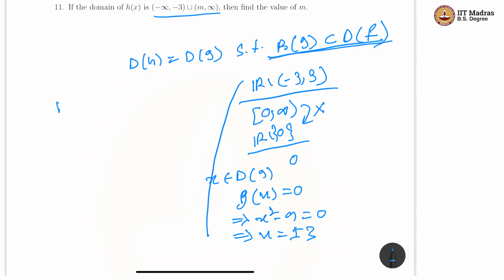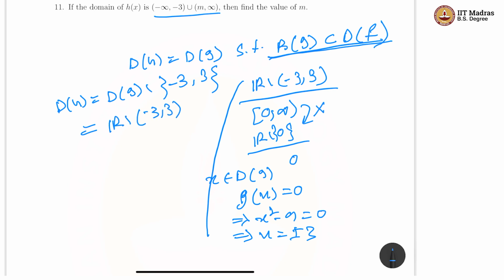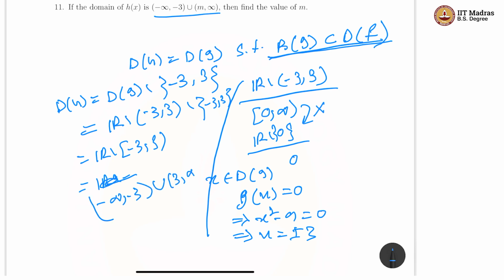So the domain of h will be the domain of g minus these two points, plus or minus 3. That means R minus the closed interval [-3, 3]. So we can write it as minus infinity to minus 3 union 3 to infinity. So the value of m is equal to 3. Okay, so this is our answer.